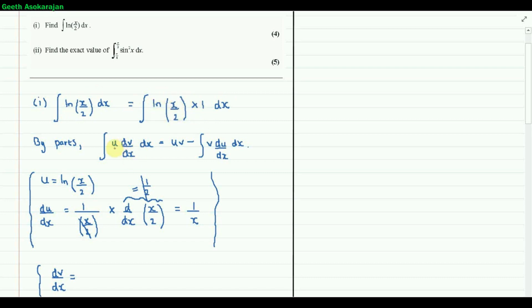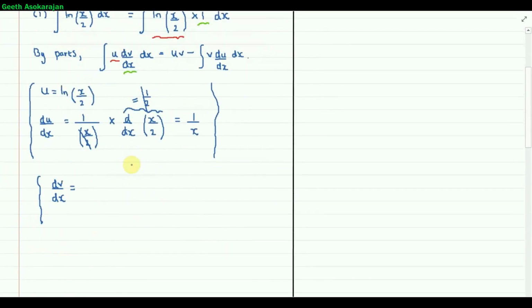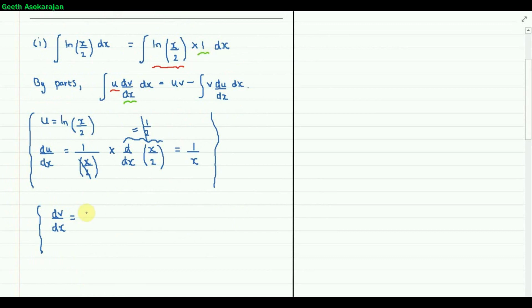I've chosen my u to be ln(x/2), which means that my dv/dx is going to be 1. Let me emphasize it more clearly with some colors. My u is ln(x/2), and my dv/dx, I'm taking that to be 1.